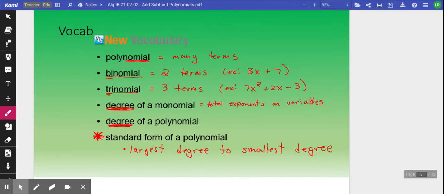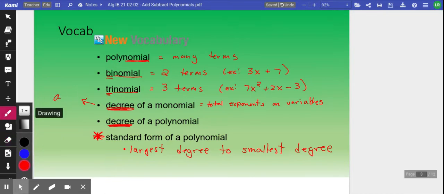Now, it's a little bit easier to understand if we just look at a single one here. So like x to the 7th, that would be degree 7. If we had a squared b to the 3rd, there are 2 plus 3, 5 exponents, that'd be degree 5.